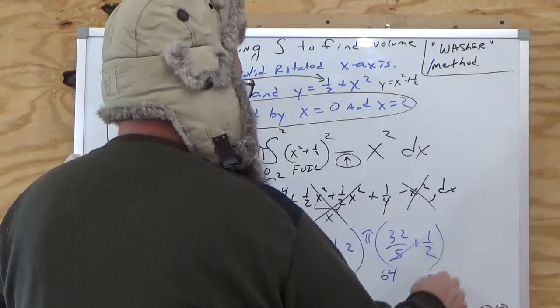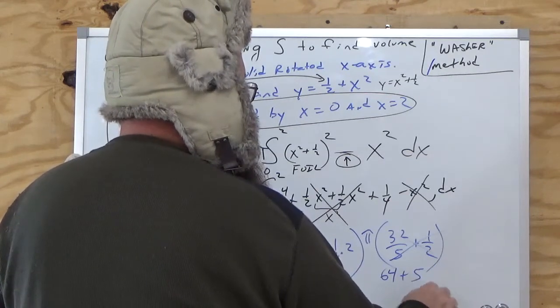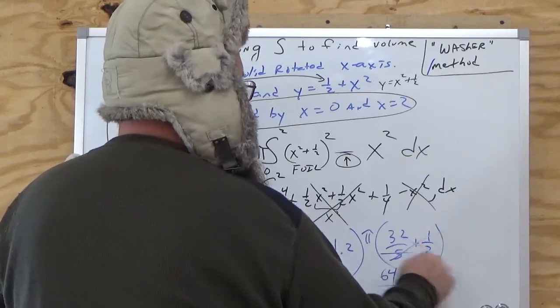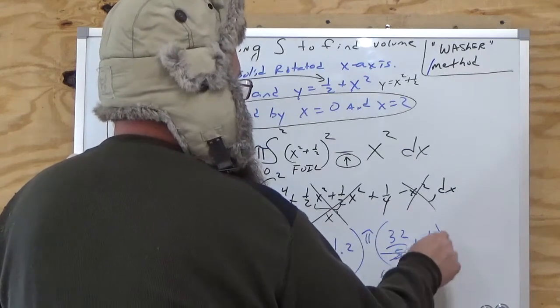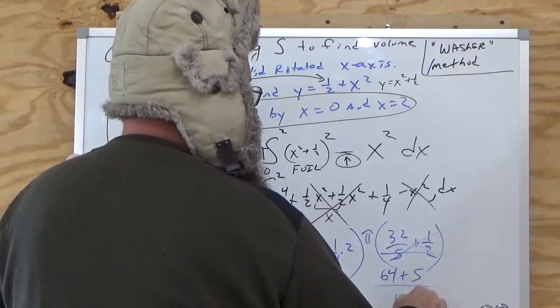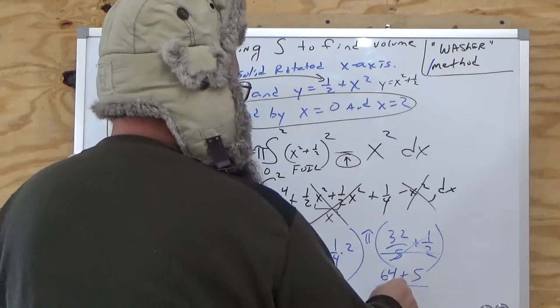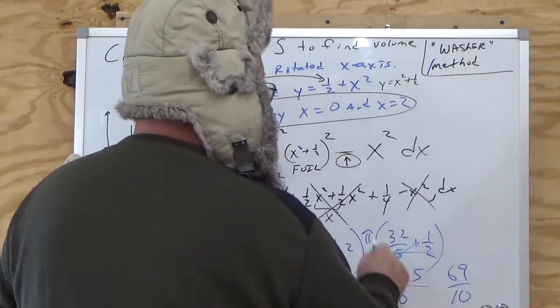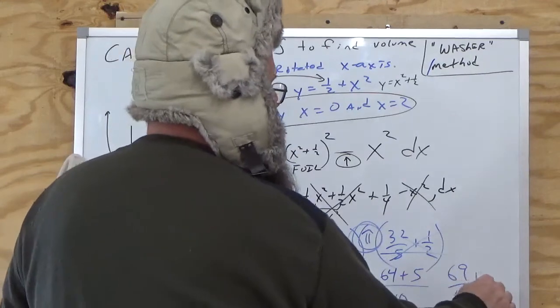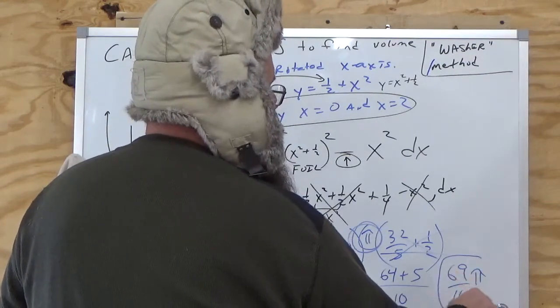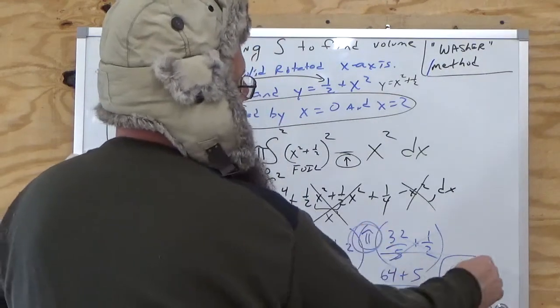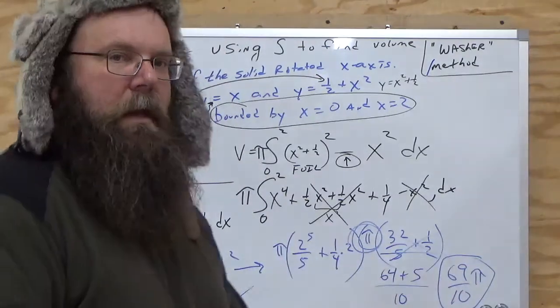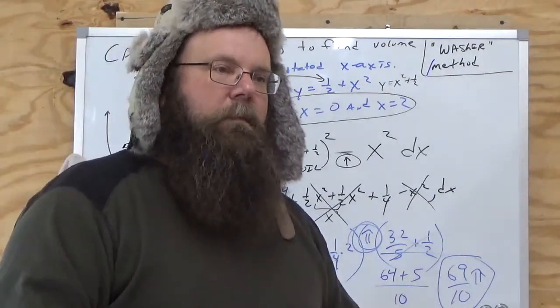What's 5 times 1? 5. Crisscross, so diagonal, diagonal, and then 5 times 2, 10. 64 plus 5, 69 over 10. Oh, what was out front? Don't forget the pi. Instead of having the pi out front, put it on the end. 69 pi over 10, that is the answer.